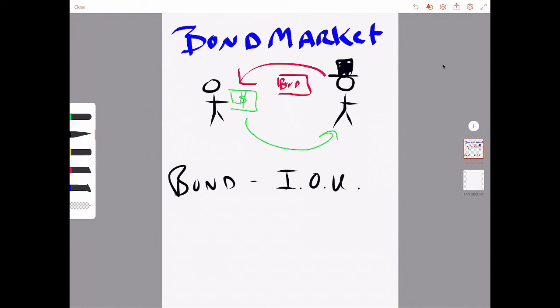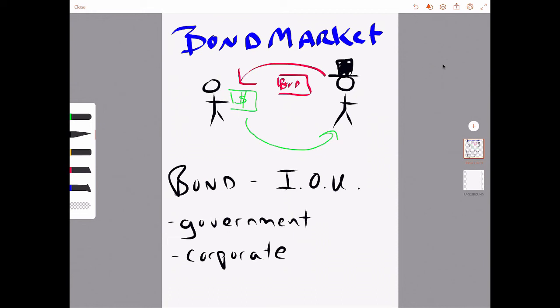Now, there are different kinds of bonds. There are government bonds. This is when governments borrow money, and governments borrow lots of money. And there are what we call corporate bonds. Corporate bonds are when businesses borrow money. I'm not going to pay too much attention to the difference between these two.